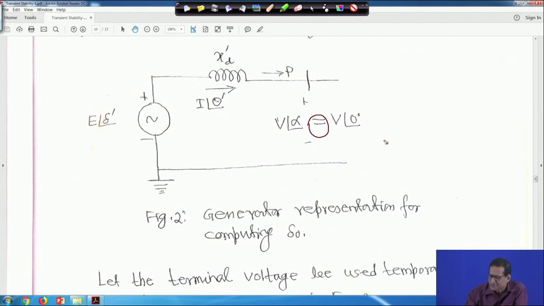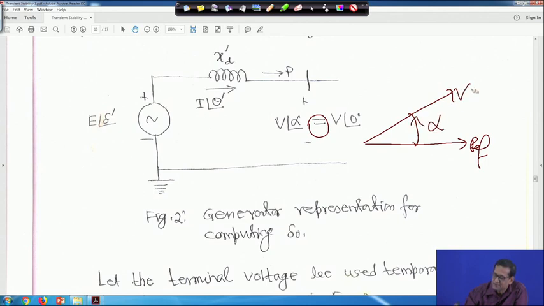For example, suppose this is your reference line, and suppose this is your alpha, and this is your V, and this is your E, and this angle I can make delta 0, right.